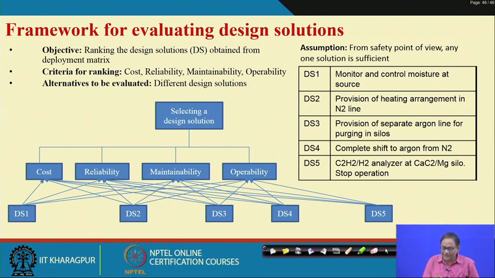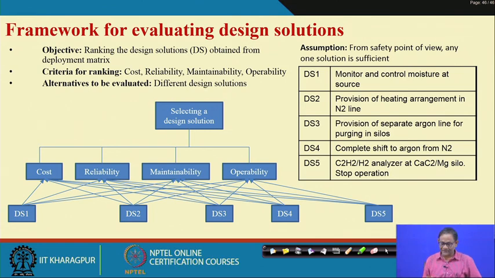So, we identified 5 design solutions, and obviously you may argue about their suitability. There could be better design solutions, but as we discussed in our last class, there can be alternative approaches and better designs. Nevertheless, the approach was to help you find some design solutions.